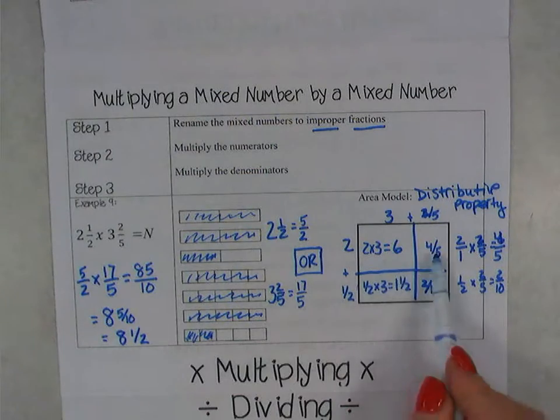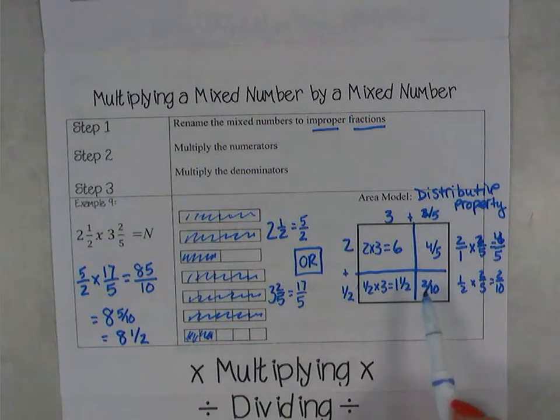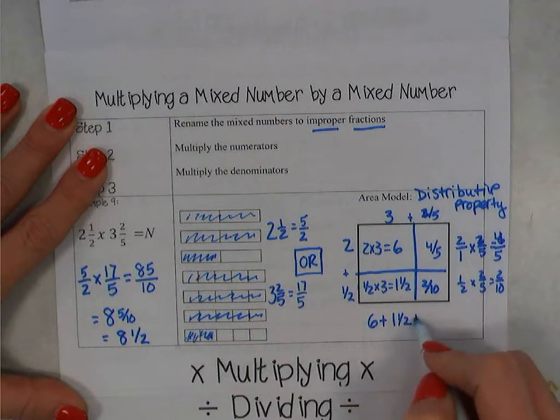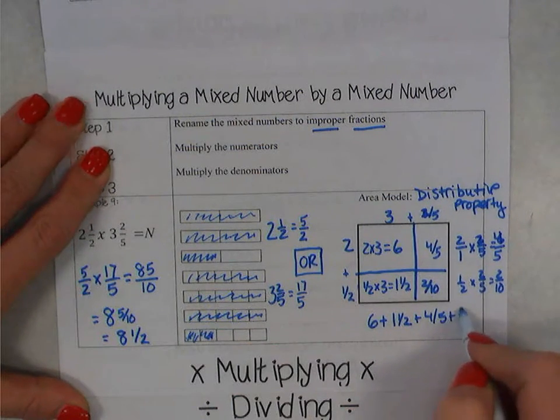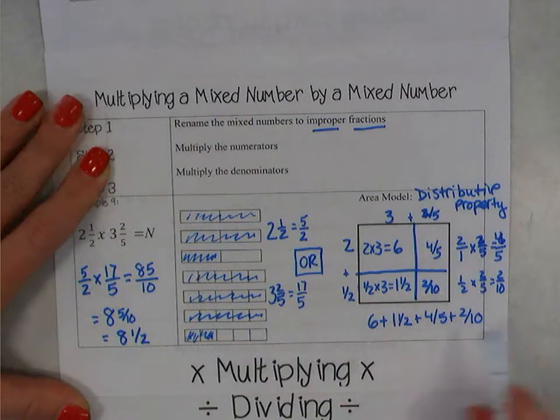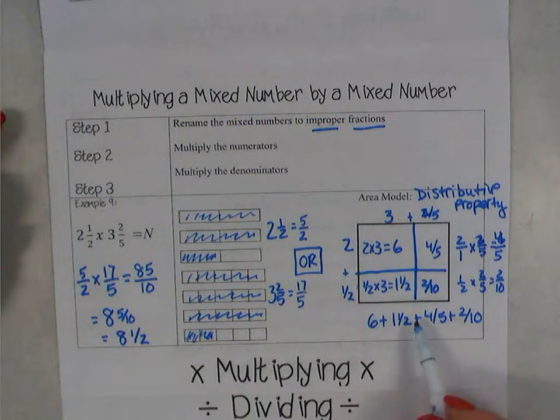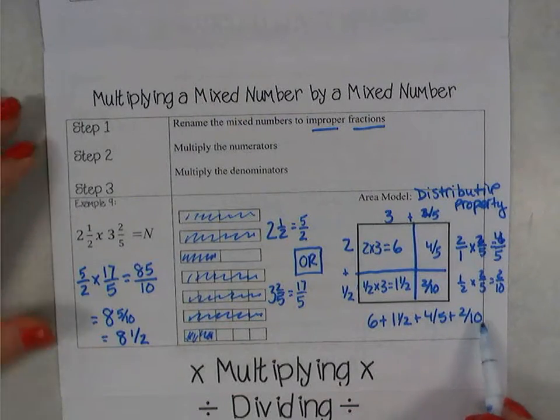Now all I have to do is add up the area of each of these 4 pieces to get my answer. So I have 6 plus 1 1/2 plus 4 fifths plus 2 tenths. Remember, when I'm adding fractions, here is when I have to have same size pieces, so I have to have common denominators.